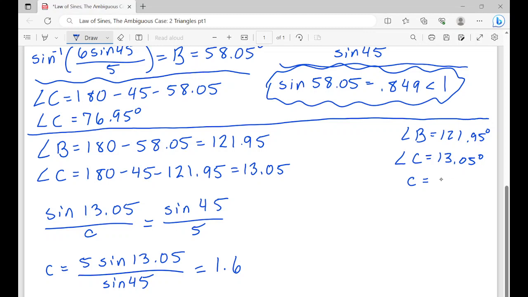So the last side here is 1.6. So for triangle number 2, these would be the remaining side and angles for this one.